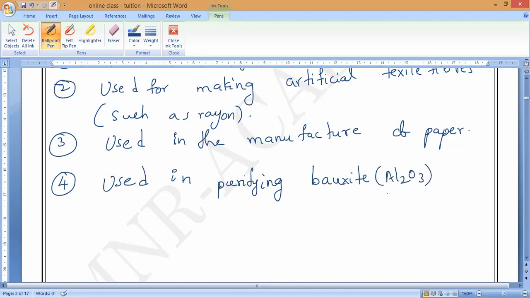All of you should remember this is the ore of aluminium. Are you understanding, guys? So it is used in purifying bauxite ore, from which aluminium metal is extracted.